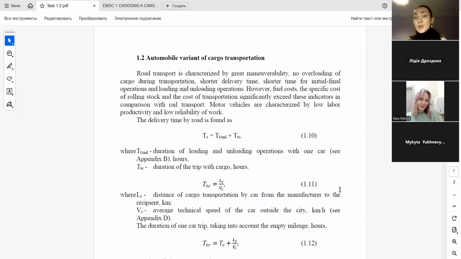We didn't have this information, so maybe we assume all our delivery will be outside of the city. So why not? We could use it. Okay, I will show you the information about our speed.